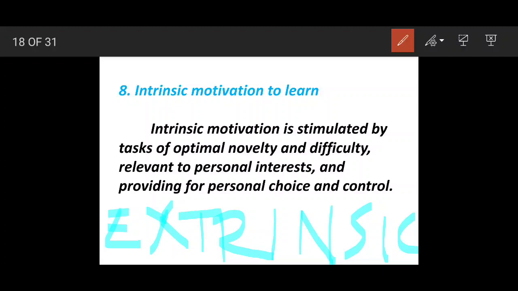So his motivation is not any material object, any reward. His motivation is learning itself. Because he enjoys learning, he loves to learn things. And he knows that he himself will benefit from the things he learned.